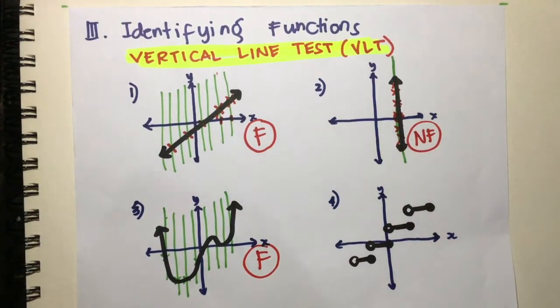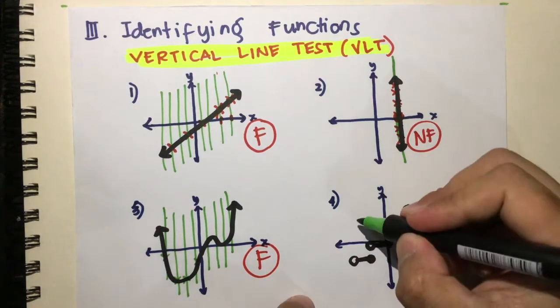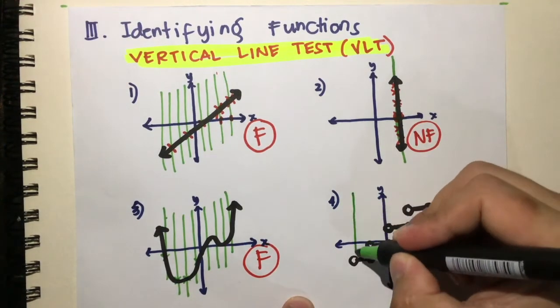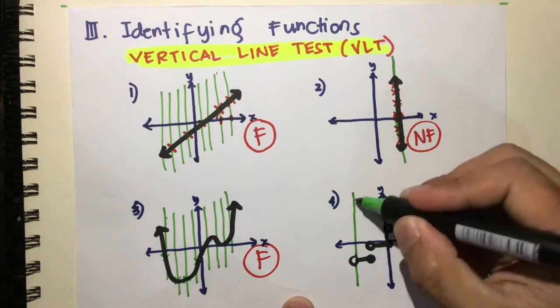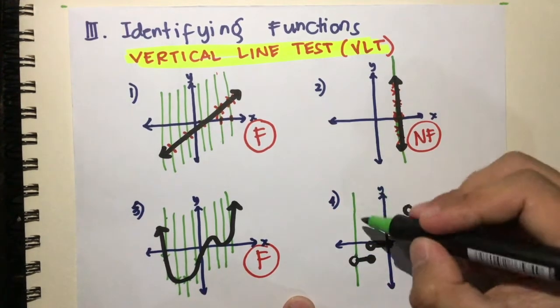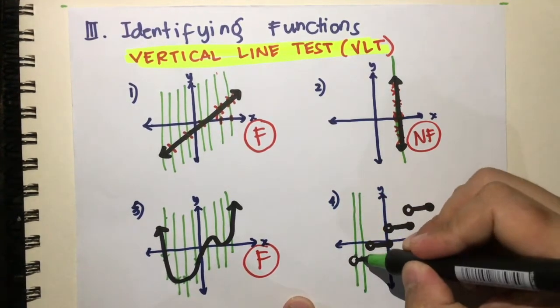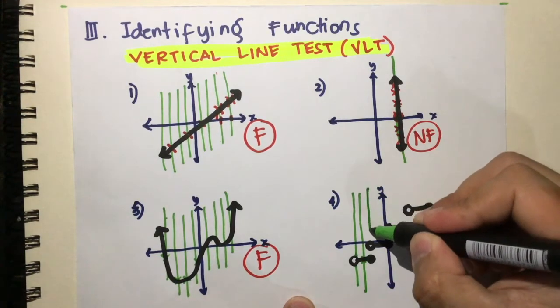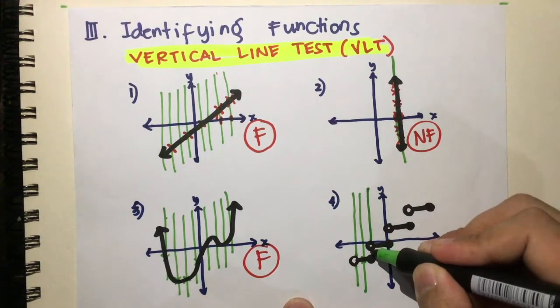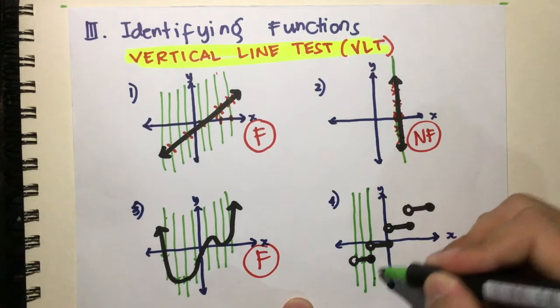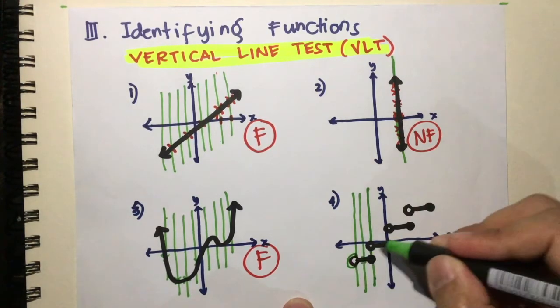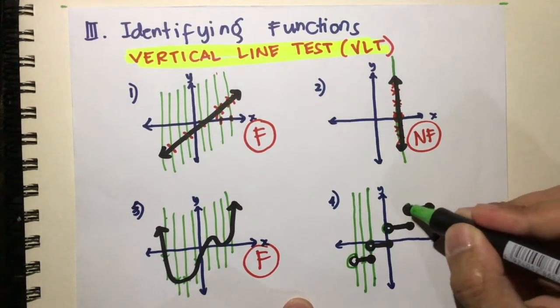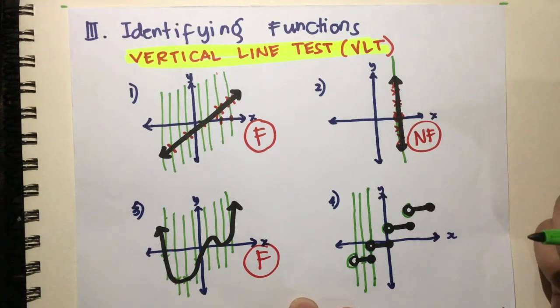Let's have number 4. In number 4, when you use the vertical line test, I have not hit any point in the graph. That's okay. If I use the vertical line here, I hit this point. If I use the vertical line here, it will not hit this point but hit the closed point. When you see an open hole here, that means that is not part of the solution.